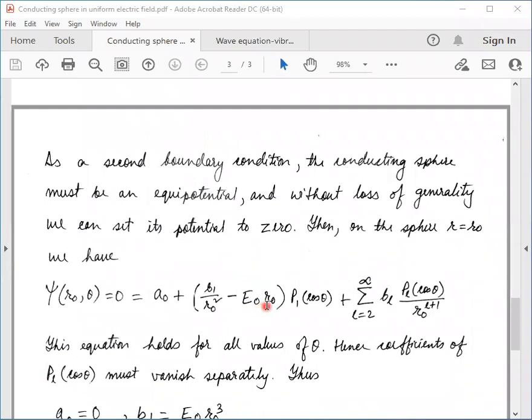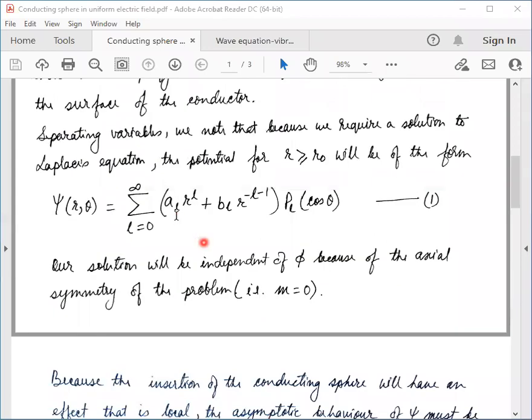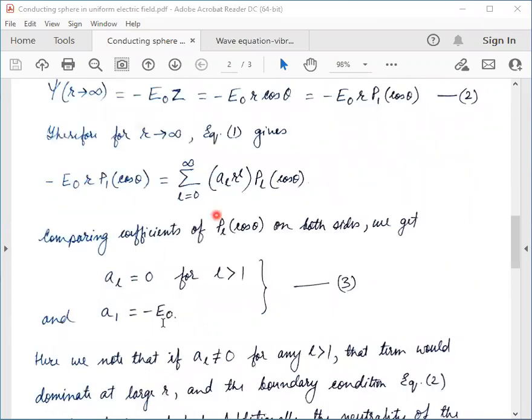So this is A1 times r from this expression. When L is equal to 1, we get A1 times r, and you put r equal to R0, you get A1 R0. And we already know that A1 is equal to minus E0.